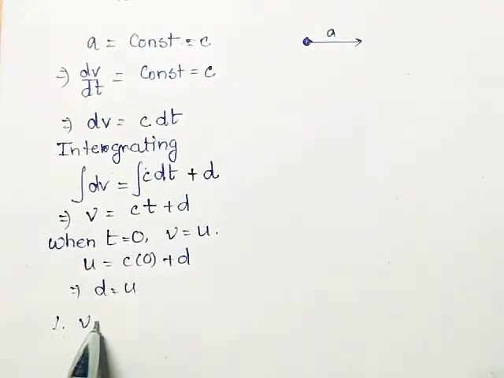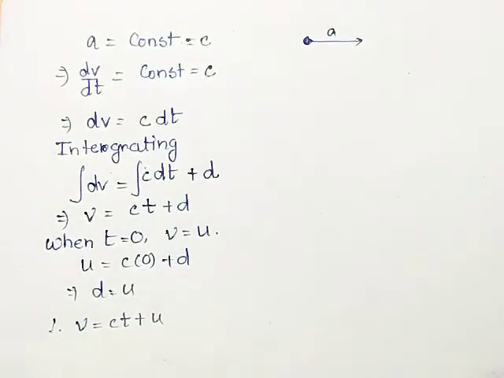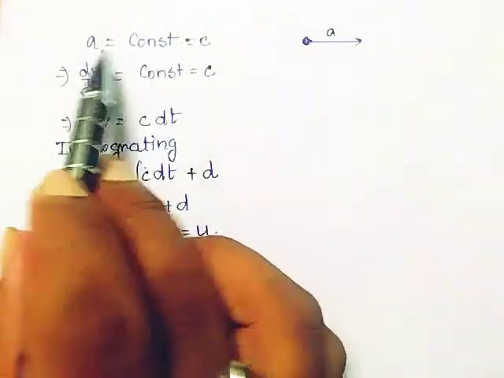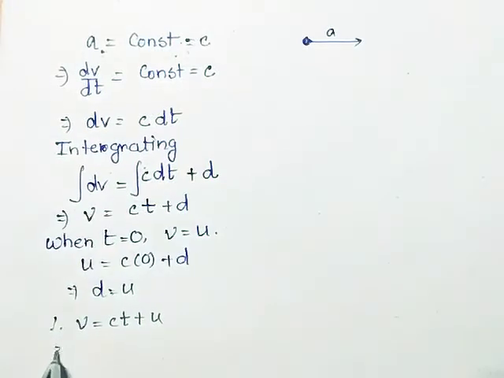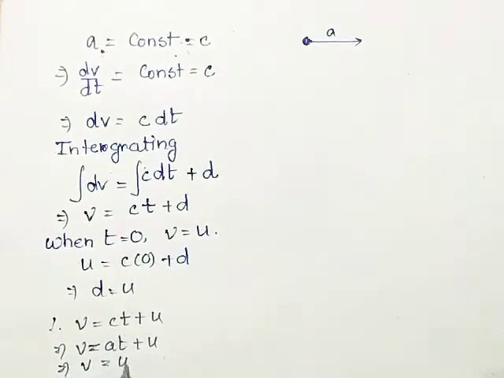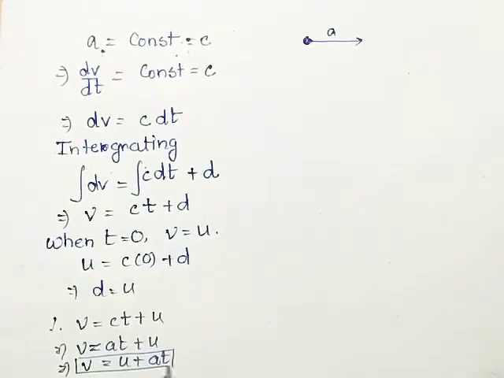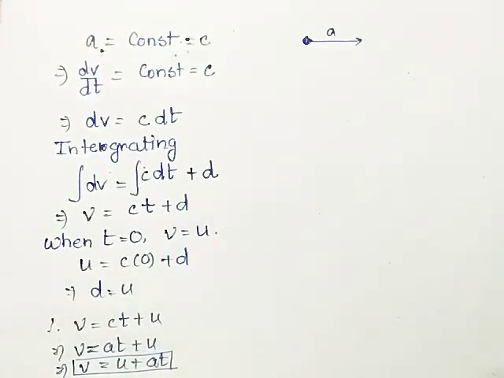So we get v equal to ct plus u. What is c? c is basically a. So if I put it, v equal to at plus u, or more specifically v equal to u plus at. So this we have derived from the calculus method.